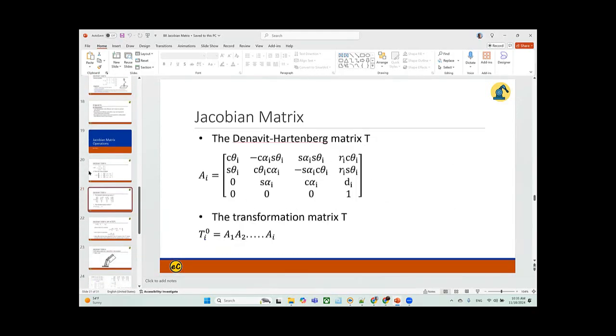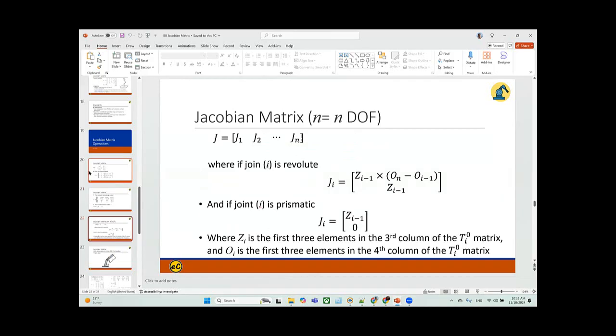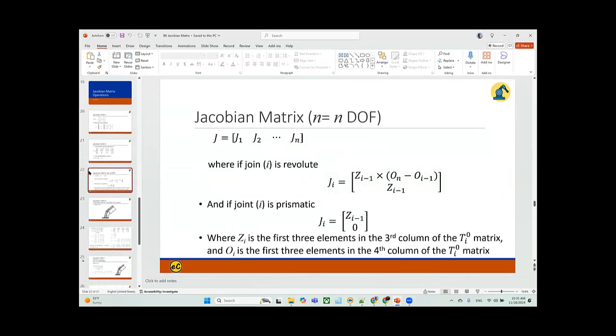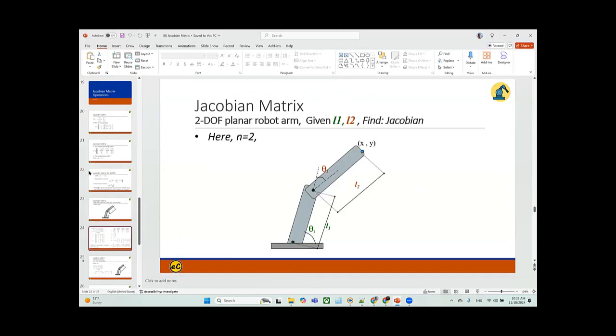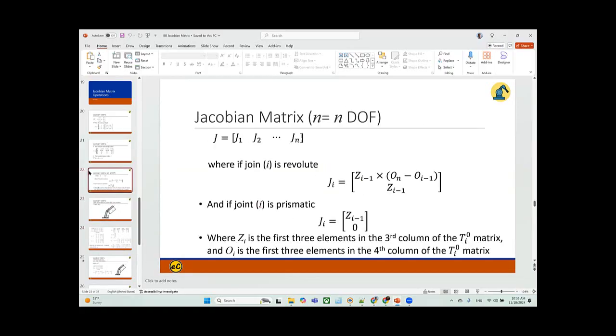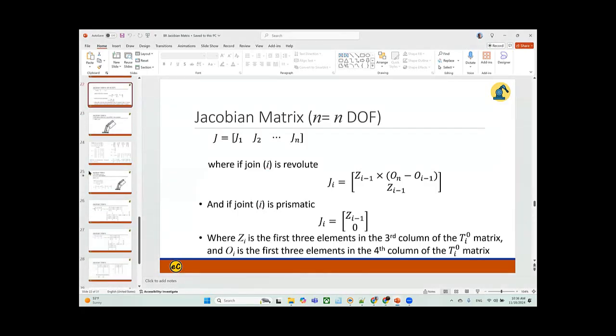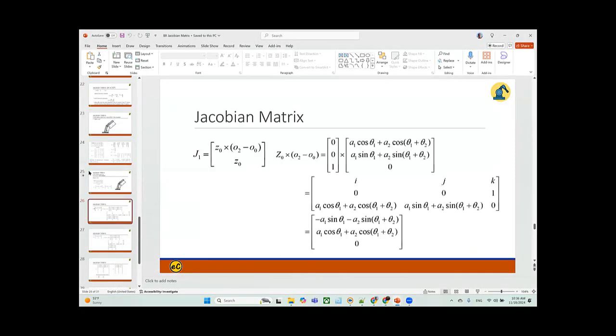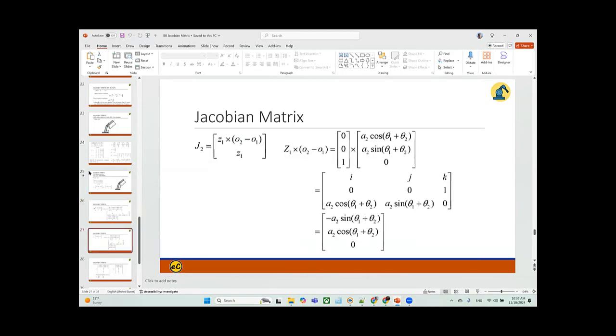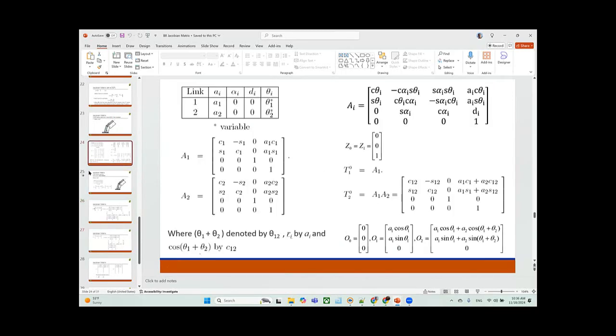Next one, you do have the Denavit-Hartenberg matrix like this, okay, that we already know. So this one you would like to take derivative, and then there's a standard way to do it that's called the Jacobian matrix. So they give you the formula how to calculate the Jacobian matrix.